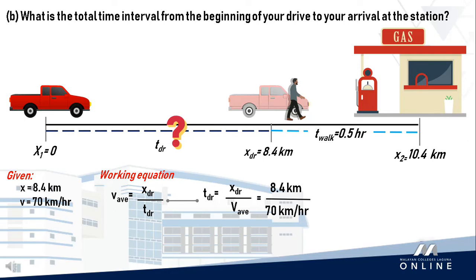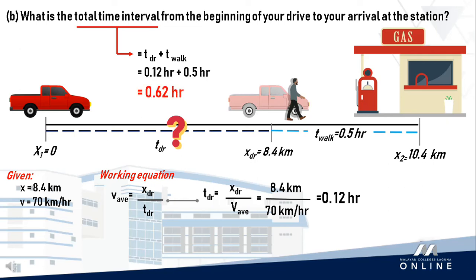Our final answer would be 0.12 hour. So, to find the total time interval from the beginning of your drive to your arrival at the station, we will add these two, delta t drive plus delta t walk, which is equivalent to 0.62 hours.